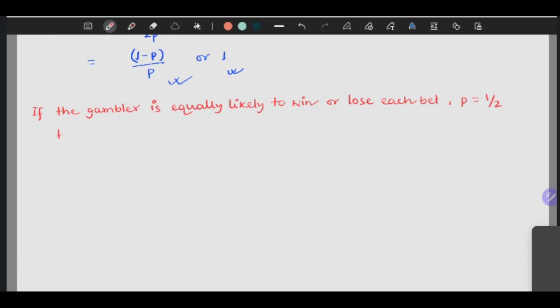Then this (1 minus p) by p, let's say I can write it as q by p, so if q equal to p, then this will have the same root, right?